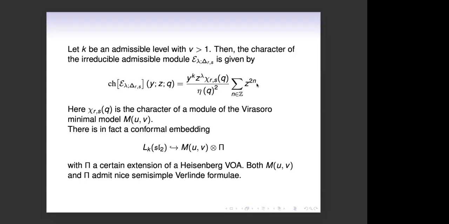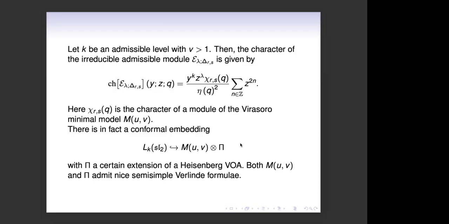Now this character formula can be by now easily discovered once one knows that the simple affine VOA of SL2 at these admissible levels, at the non-integral admissible levels, embeds in the corresponding Virasoro minimal model times the Adamovich-Plünnecke pi. And in particular, these distributions are characters of this pi, which is nothing but an extension of a Heisenberg VOA, maybe a little bit unusual, but it has a very easy representation theory.